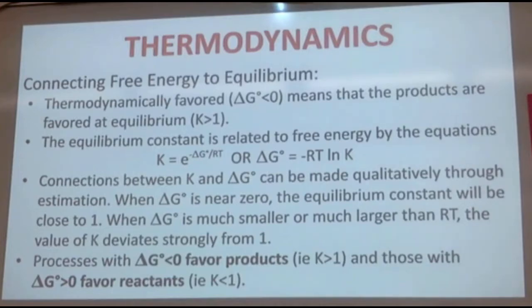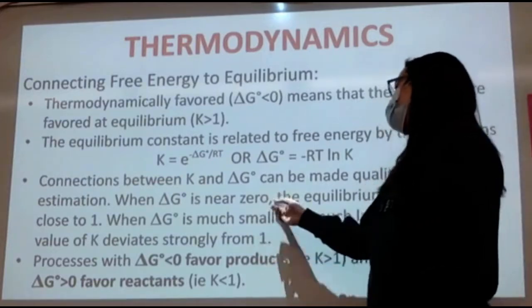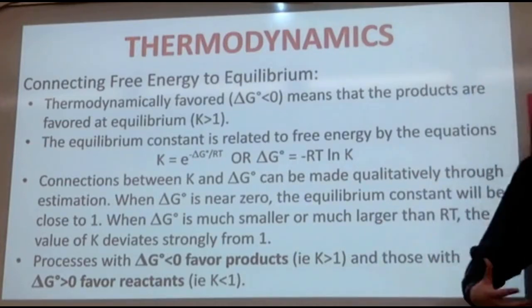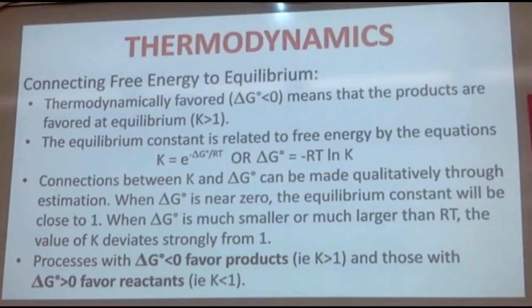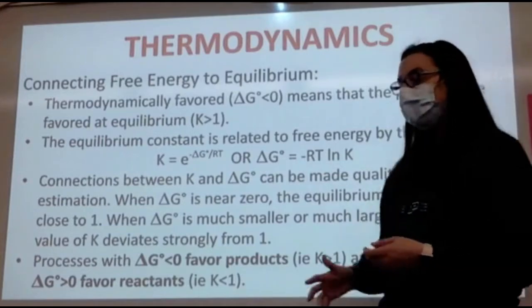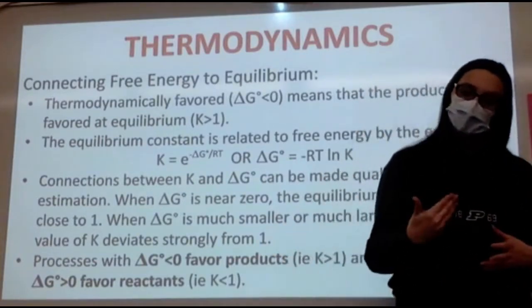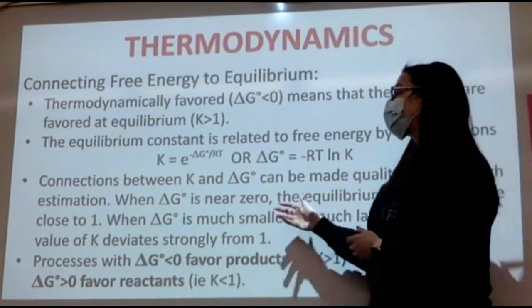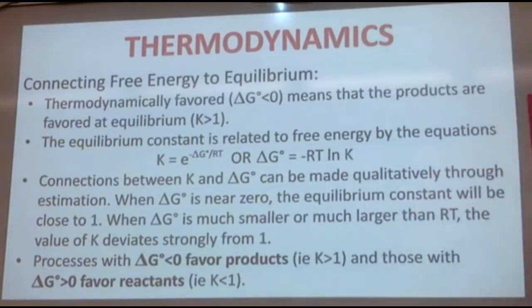So we have more reactants than products. If delta G is close to 0, that means we are close to equilibrium. Remember that delta G is 0 when we are at equilibrium. So if delta G is 0, K is 1. So it just allows us to relate the favorability of a reaction to the equilibrium constant.